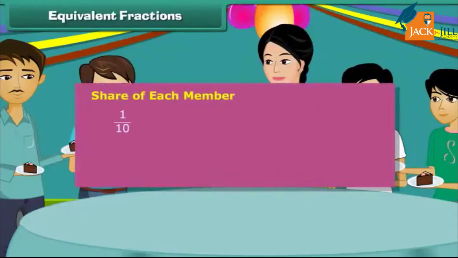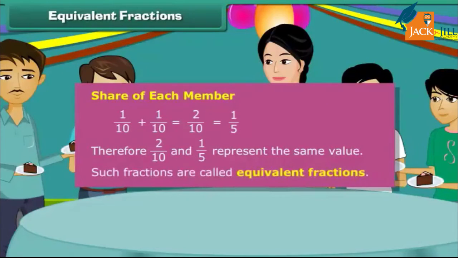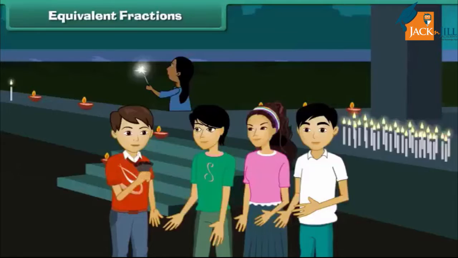Each member gets 1/10 plus 1/10, that is equal to 2/10th of the cake, which is the same as 1/5 of the cake. Therefore, 2/10 and 1/5 represent the same value. Such fractions are called equivalent fractions.